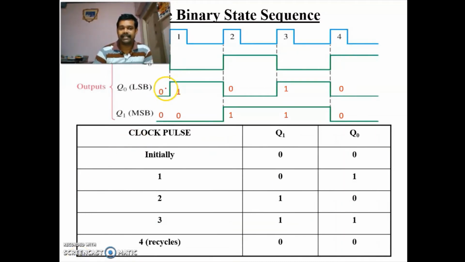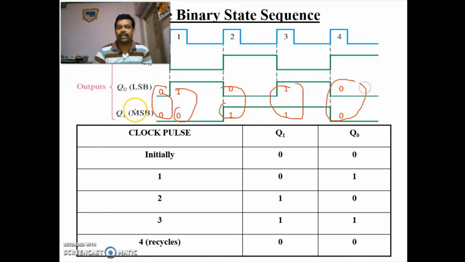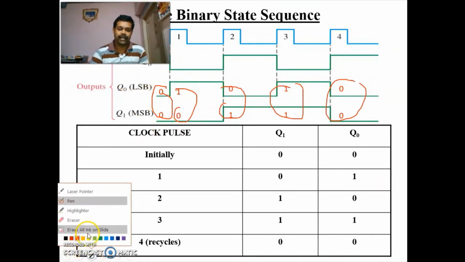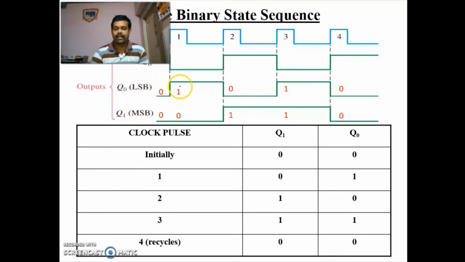This is the binary state sequence: 0 0, 0 1, 1 0, 1 1, again 0 0. This sequence you will be getting. Q0 is the LSB and Q1 is the MSB.